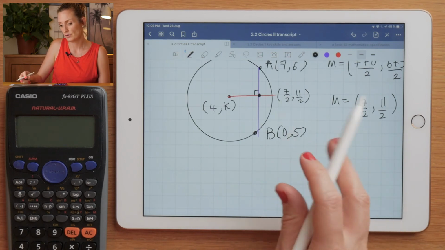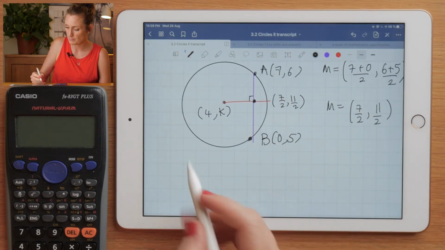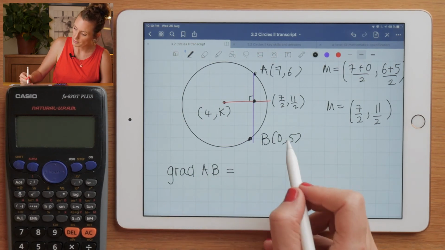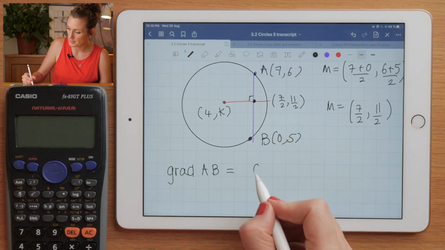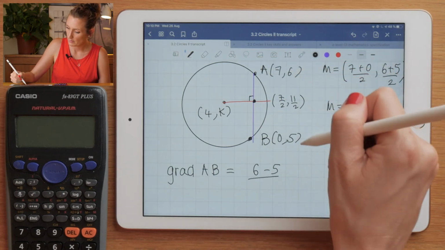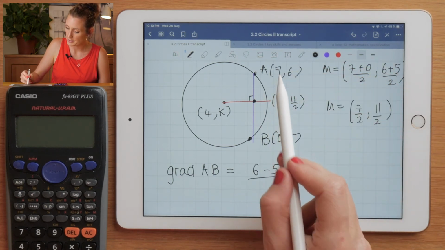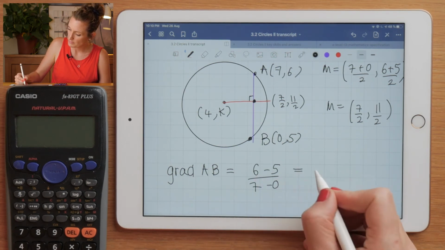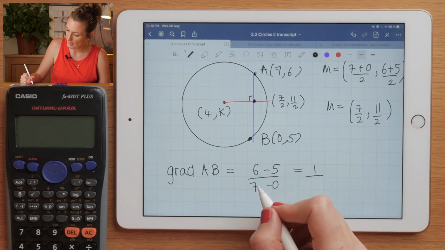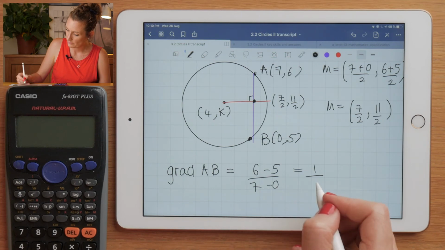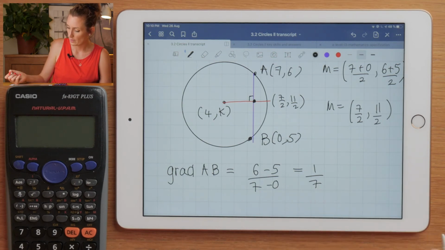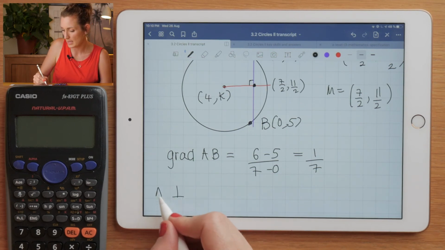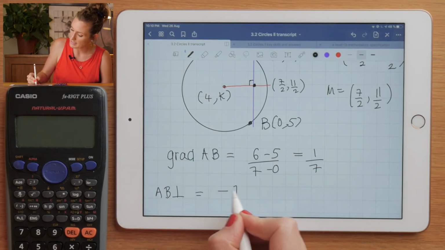Now we also need the gradient, so we find the gradient from A to B by using y2 minus y1, so 6 minus 5, divided by x2 minus x1, 7 minus 0. 6 minus 5 is 1, and 7 minus 0 is 7. So the perpendicular gradient, the gradient perpendicular to AB, would be minus 7.